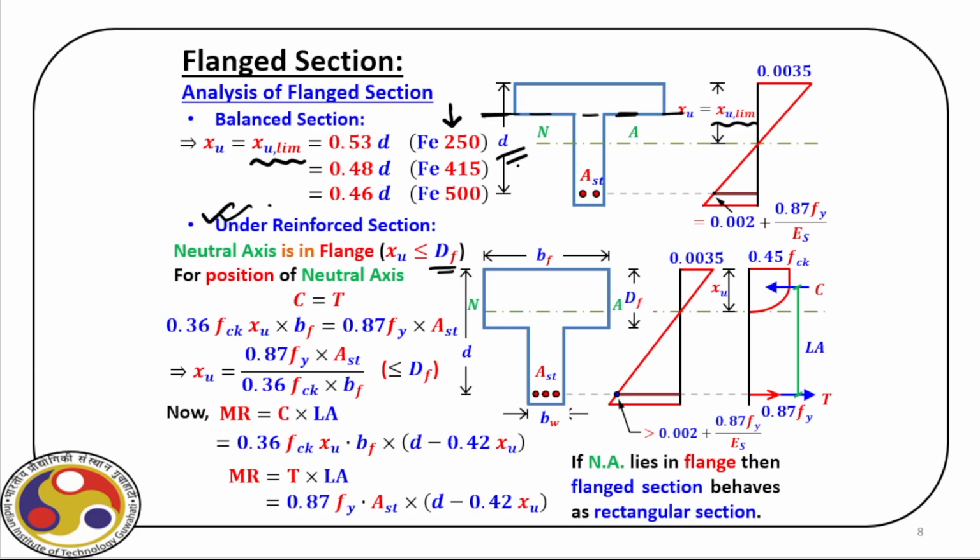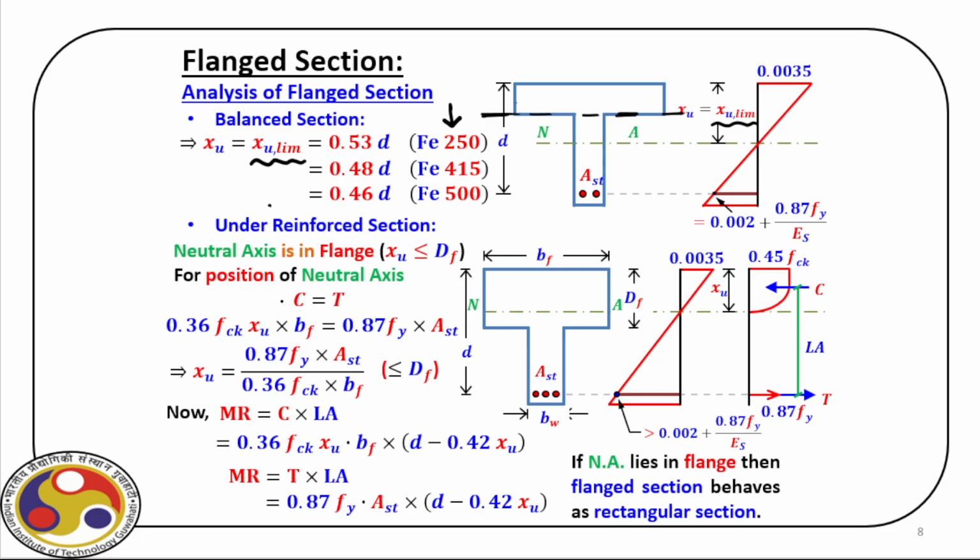If that is the case, we can analyze this section as good as a singly reinforced section, because below the neutral axis, this region, even if the concrete is there, we do not consider. So effectively, we have the compression zone of concrete, which is here above the neutral axis, and then we have the steel here in the tensile zone, and we can easily find out what is the effective value of moment of resistance.